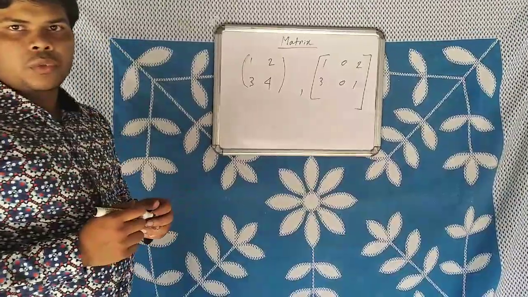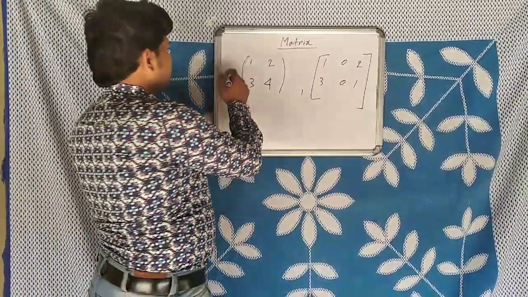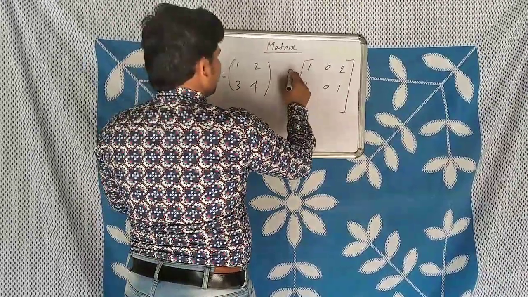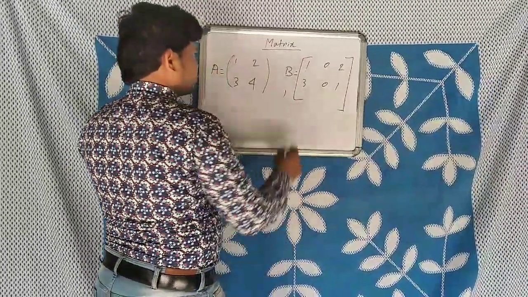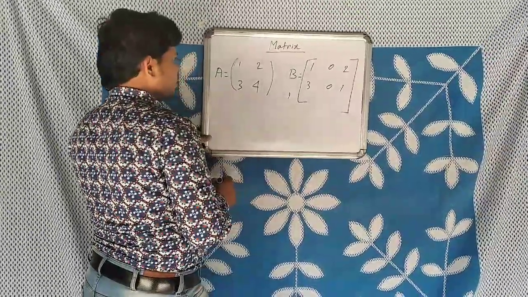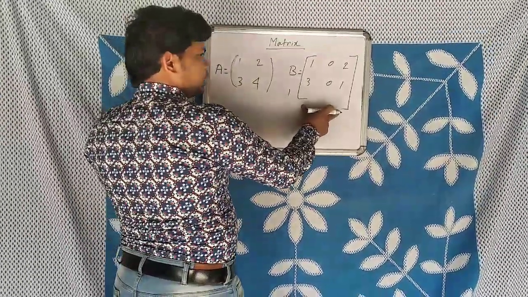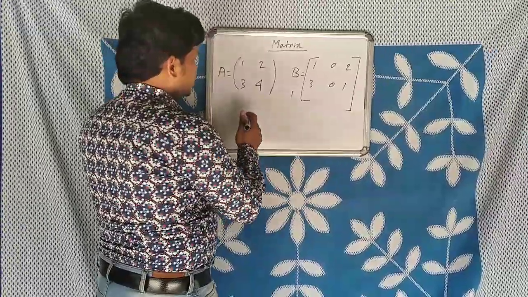There are two examples of matrices. Suppose capital A equal to this, capital B equal to this. Capital A is an example of a matrix. Capital B is another example of a matrix.